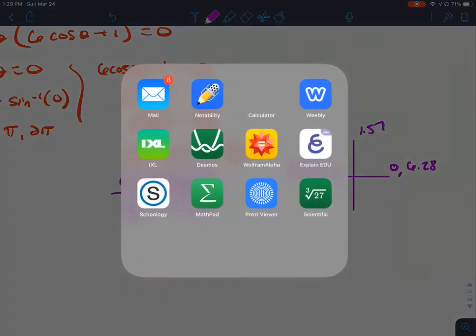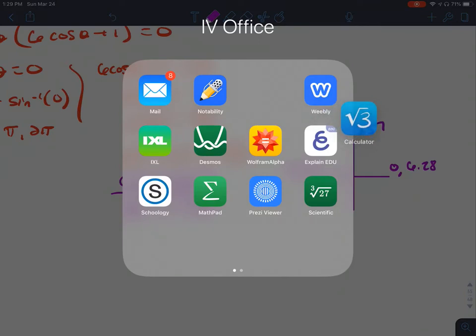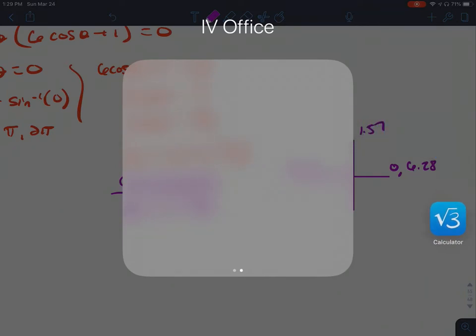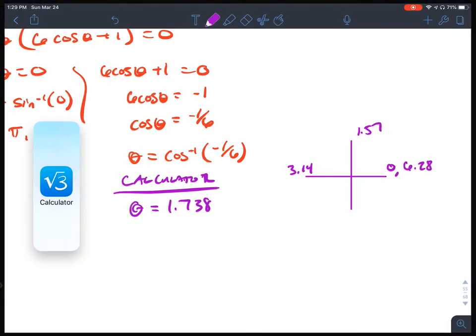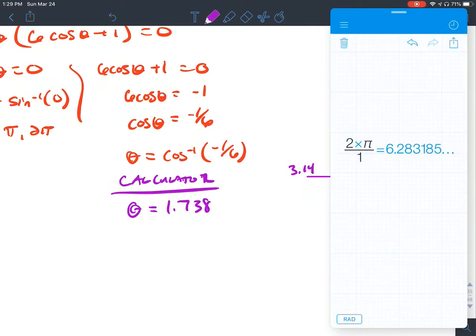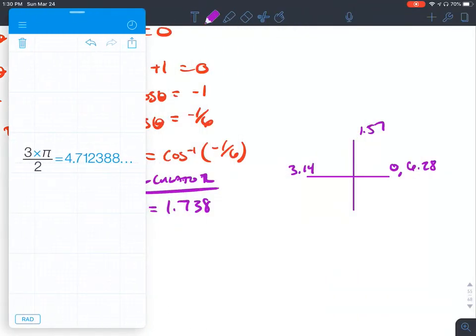And then, grab my calculator here real quick. Whoops, that's not what I wanted. It's what we call user error here in the business. If I take 3 pi divided by 2, it gives me 4.71.